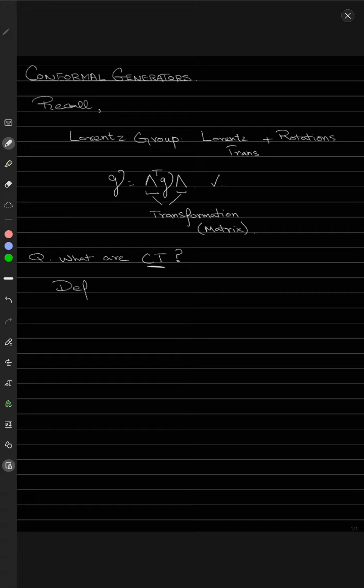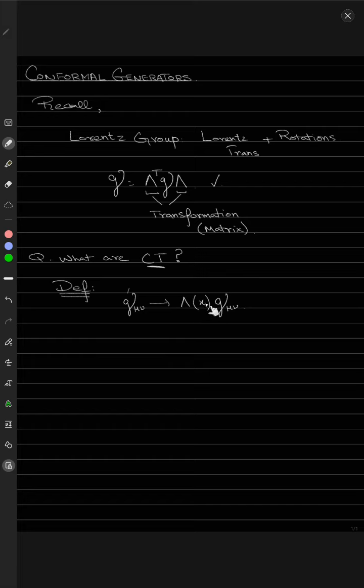So the transformed metric tensor is simply a function of the coordinate, lambda of x, times the original metric g mu nu.